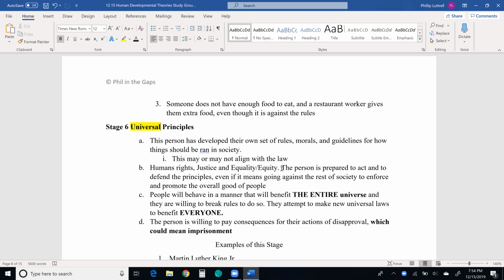So human rights, justice, and equality, again, everyone gets the same thing, or equity, people get what they need or deserve. The person is prepared to act and to defend the principles, even if it means going against the rest of society to enforce the overall good and well-being or welfare of the people.